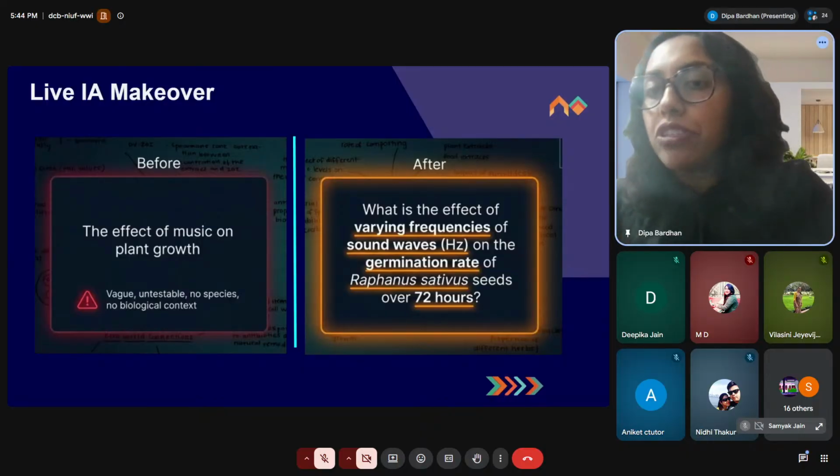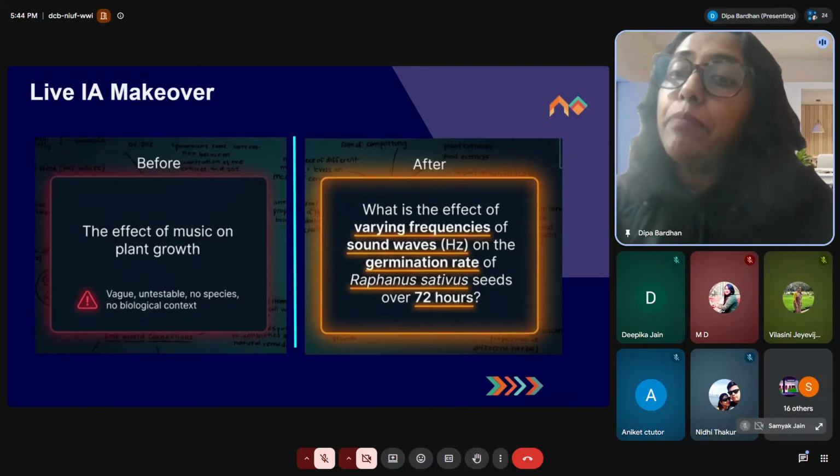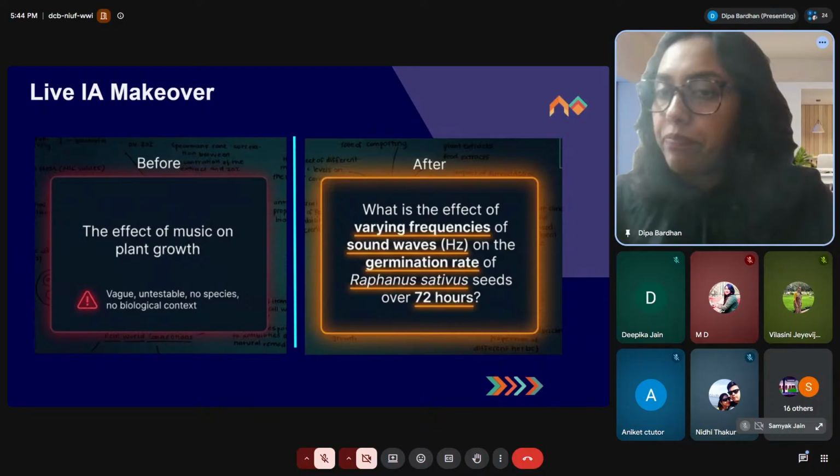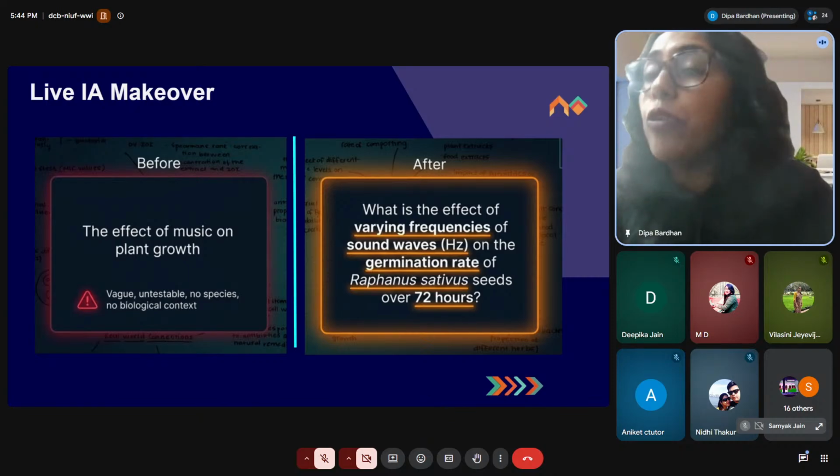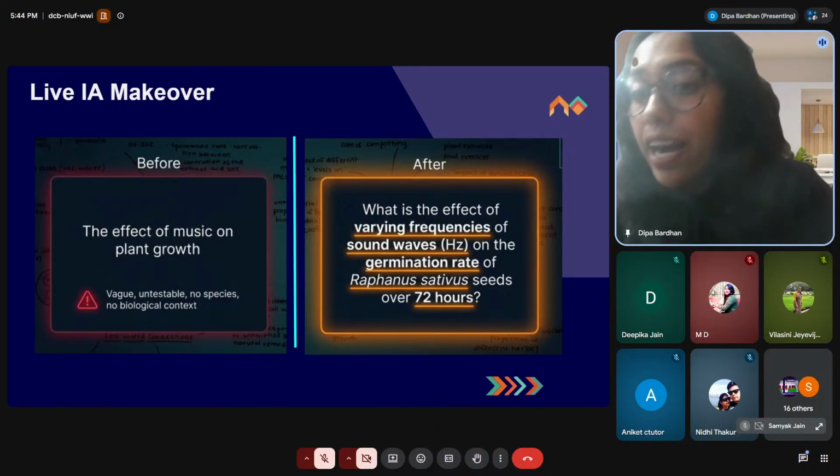what is the effect of various frequencies of sound waves? We give hertz. It can be made even better by adding the frequency range and the interval, on the germination rate. If you add the unit of germination rate, the germination rate can be per hour, per rate is always measured.